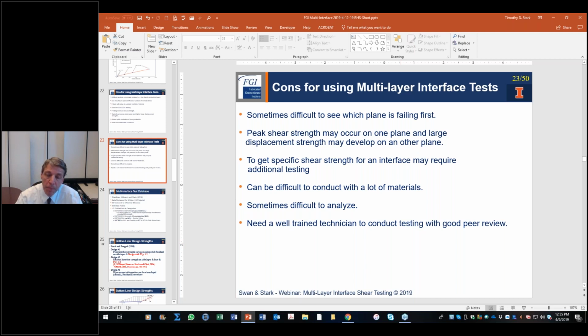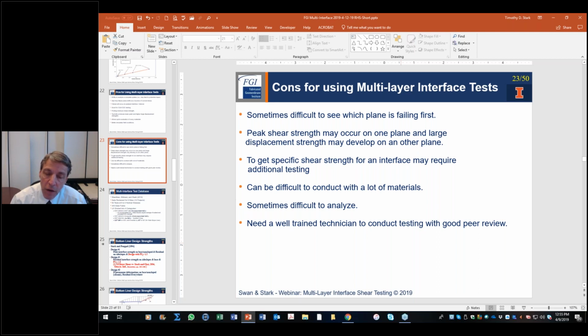Yep. Okay, so another question from Rahul Solanki. Is a partial increase in residual strength compared to peak strength for single interface tests possible for any geosynthetic combination? You said partial increase?